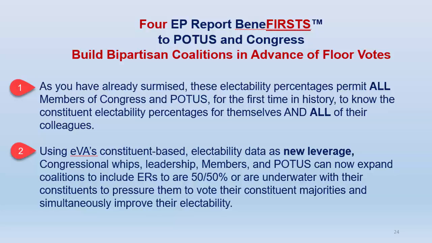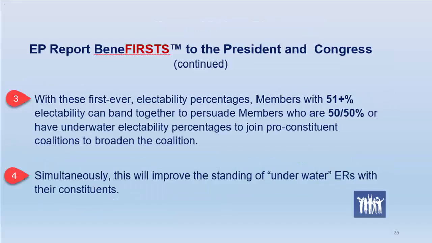Using EVA's constituent-based electability data as new leverage, Congressional whips, leadership, members, and POTUS can now expand coalitions to include ERs who are 50-50% or are underwater with their constituents, to pressure them to vote their constituent majorities and simultaneously improve their electability.